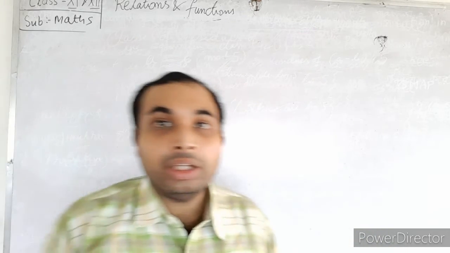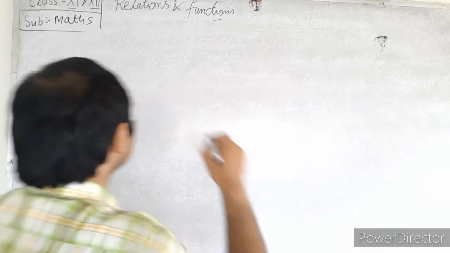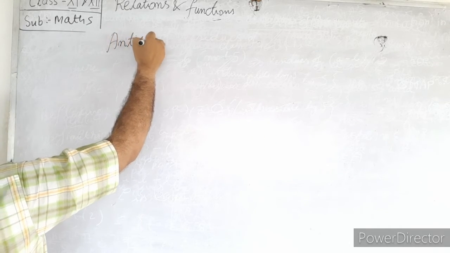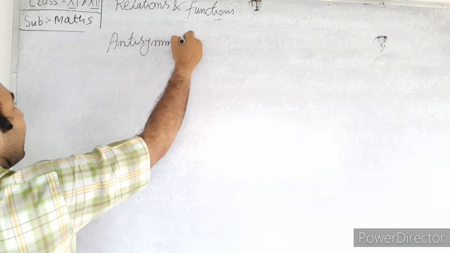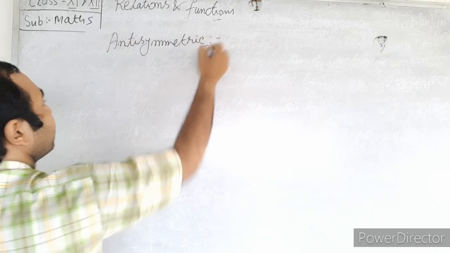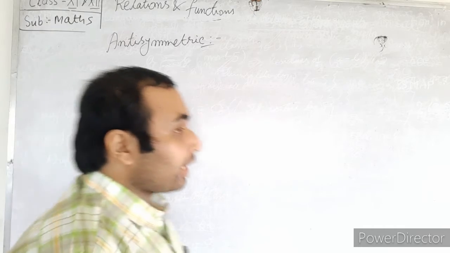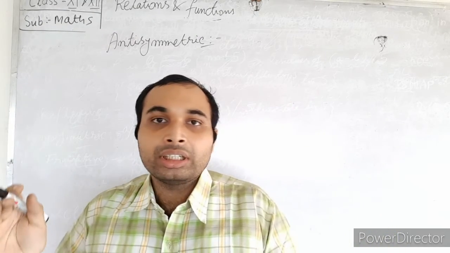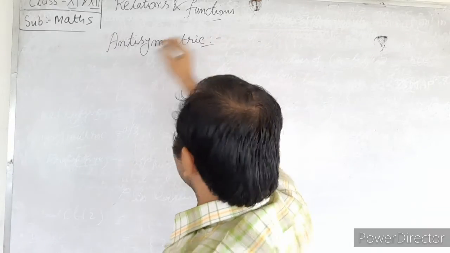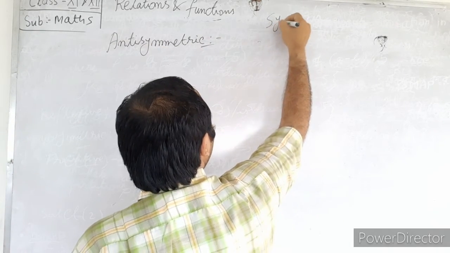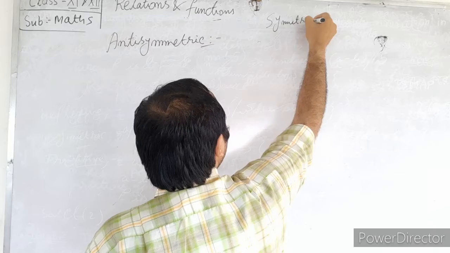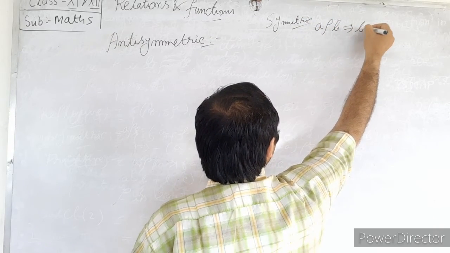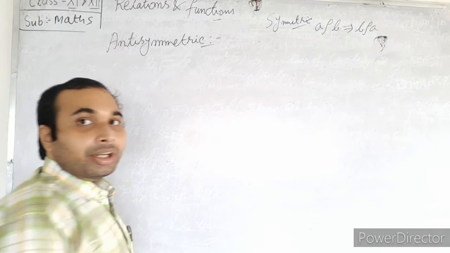I want to say another concept, that is the antisymmetric relation. What is a symmetric relation? A symmetric relation means if a rho b is there, then b rho a will be there.